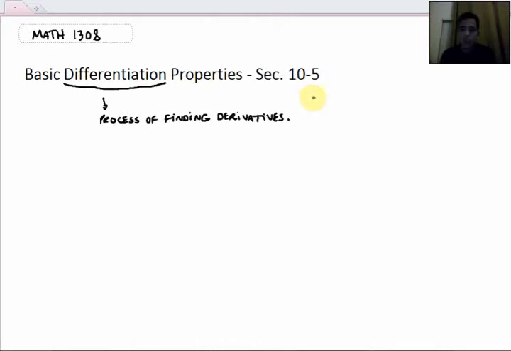So what we're going to learn in this section is pretty simple. It's simply formulas that you can memorize to get straight to the formula for the derivative, okay?